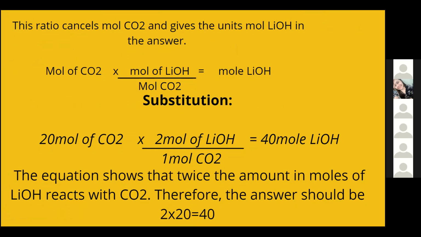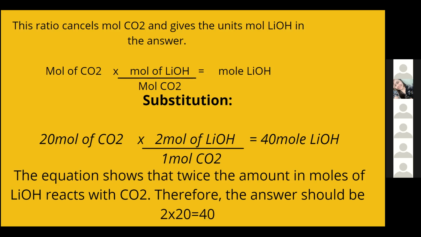So this ratio cancels mole of carbon dioxide and gives the units of lithium hydroxide in the answers. So our formula is mole of carbon dioxide times 2 mole of lithium hydroxide divided by 1 mole of carbon dioxide equals mole of lithium hydroxide.